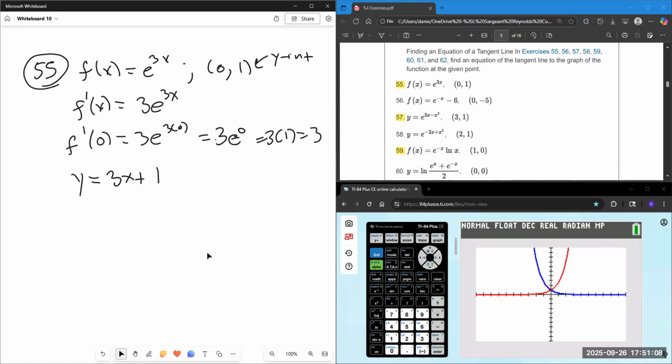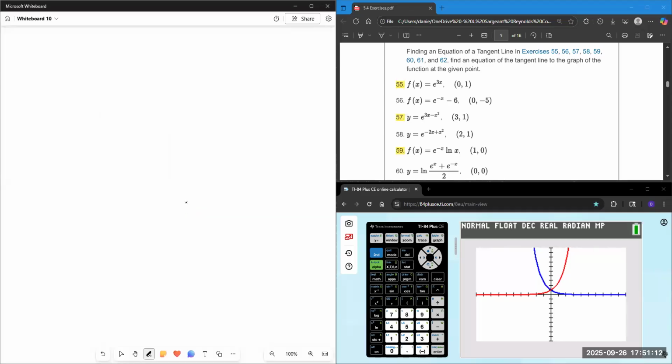Let's look now at number 57. It is y is equal to e to the 3x minus x squared, given the point (3, 1).